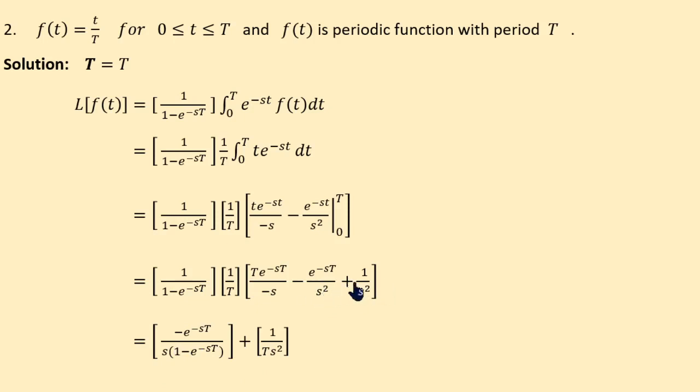For the second and third terms, combine these two: 1 minus e power minus sT cancels with the other, 1 by s square remains, here 1 by T, so 1 by T s square. So, this is how we can simplify.